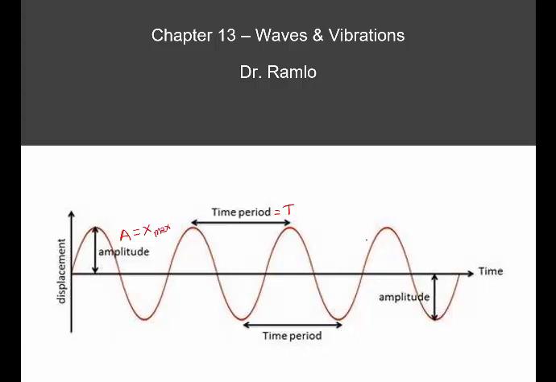And then the frequency is how many cycles are within a time period of 1 second. So if from here, 1 cycle, 2 cycles, and this was 1 second, then our frequency would be 1, because 1 second to complete 1 cycle.